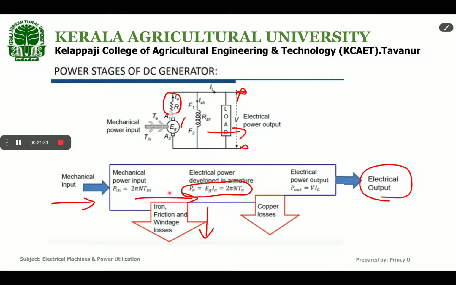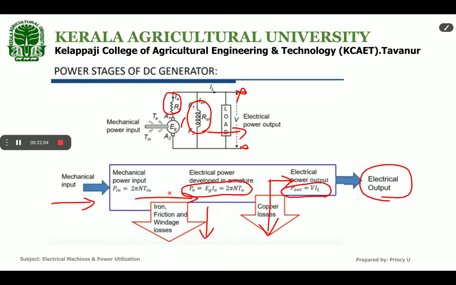There is a winding resistance present in the armature and also in the field winding, so we have to consider these copper losses also. Some of this power will be lost as copper losses, and the remaining will be collected as the electrical output power. The electrical output power can be represented as P output is equal to terminal voltage V into load current IL.